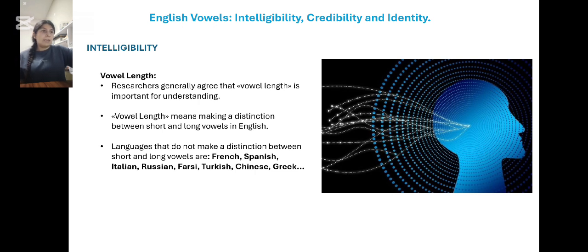Languages that do not make a distinction between short and long vowels are French, Spanish, Italian, Russian, Farsi, Turkish, Chinese, Greek, etc.